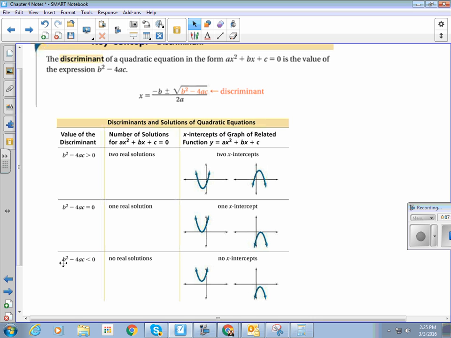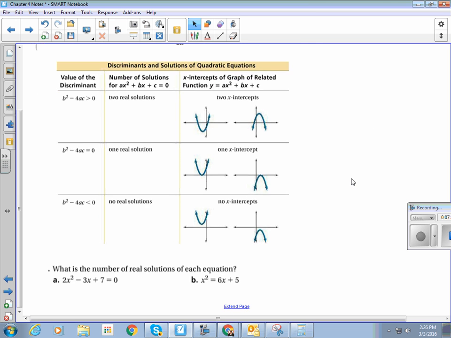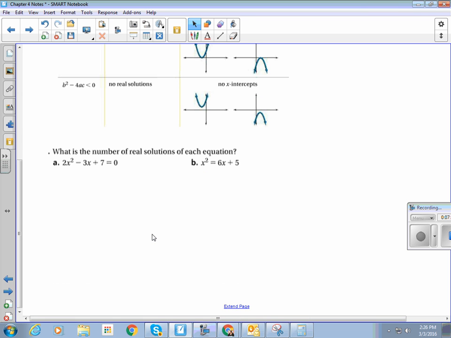When my discriminant, b squared minus 4ac, is less than 0, I get a negative value underneath the root, and I have no solutions. So we can use the discriminant, which is a part of the quadratic formula, to tell us how many real solutions we have.